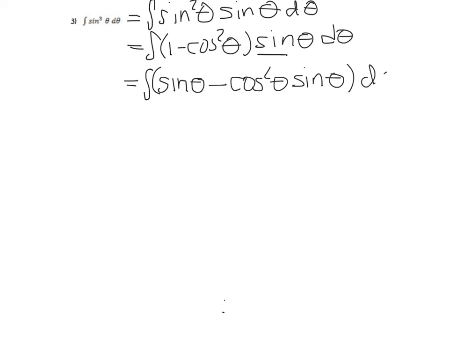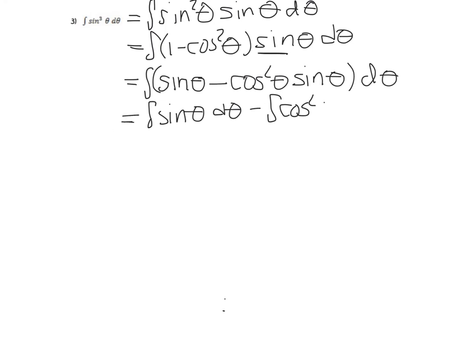Times differential of theta. Now we have two integrals. The first one, sine of theta times differential. Don't forget notation, please. Now, minus the integral of cosine squared of theta times sine of theta times differential of theta.